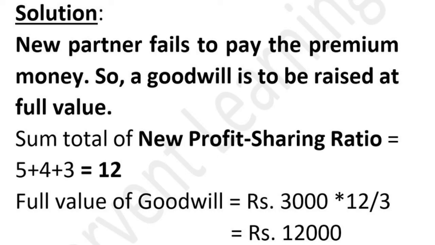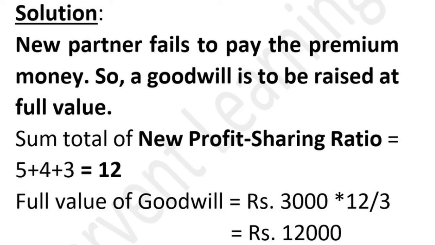Now look at the sums. Share of goodwill of the new partner is 3,000. Now we multiply 3,000 into 12 by 3. 12 is the sum total of the new profit sharing ratio, that is 5 plus 4 plus 3, and 3 is the share of the new partner.